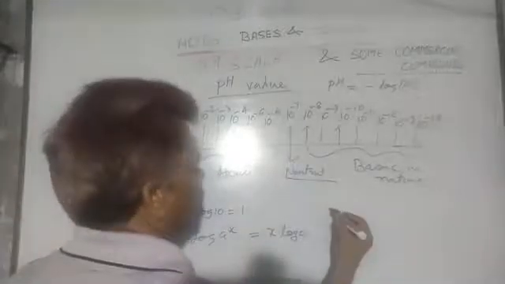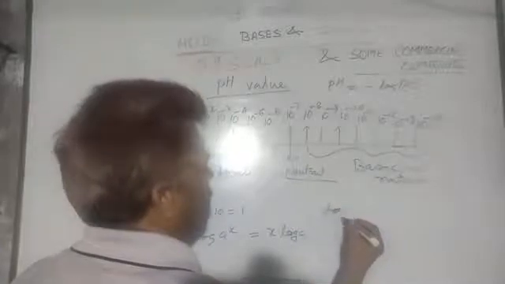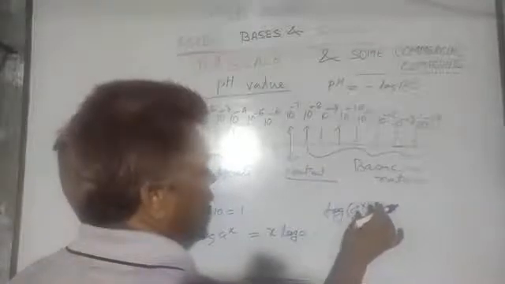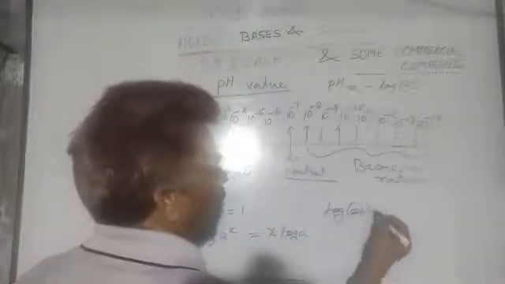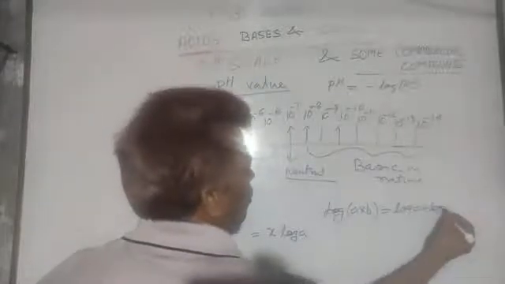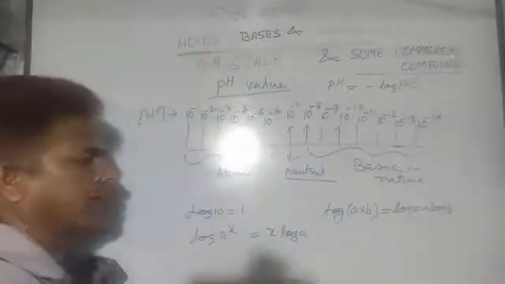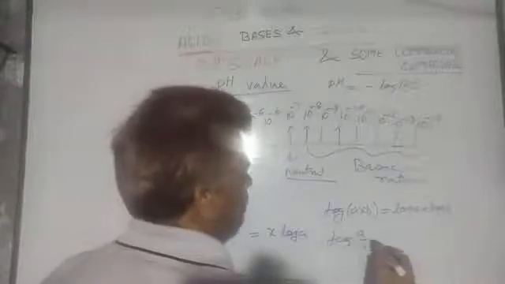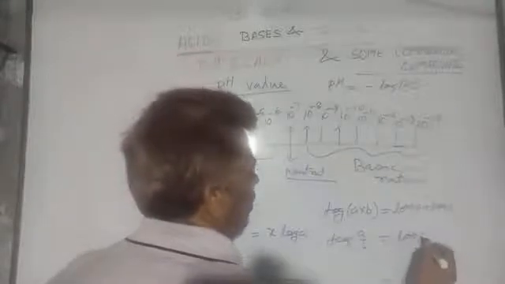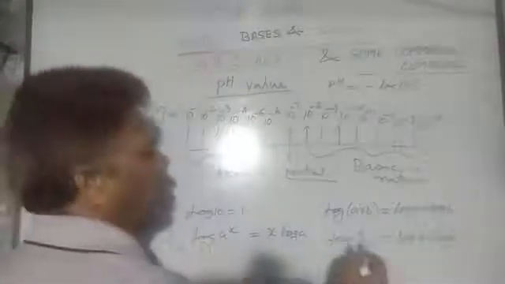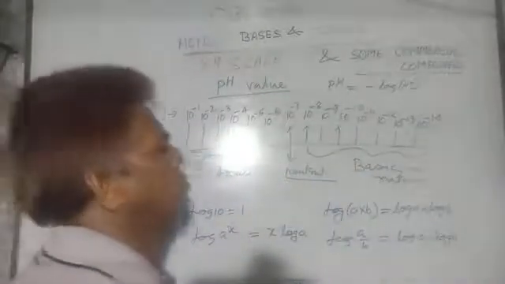The next formula: log of a into b, when two numbers are multiplied, should be written as log a plus log b, the summation of the logarithms of the two values. Similarly, log a by b is written as log a minus log b, because these logarithm formulas can be used in solving numerical problems related to pH value.